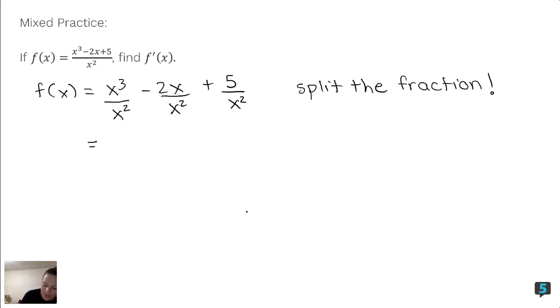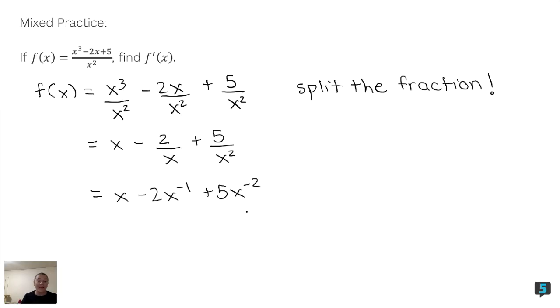So if I simplify this, this would give me x minus 2 over x plus 5 over x squared. And I could rewrite that as x minus 2x to the negative 1 plus 5x to the negative 2. And now I've just got three quick derivatives to deal with. So f prime of x would equal 1 plus 2x to the negative 2 minus 10x to the negative 3.